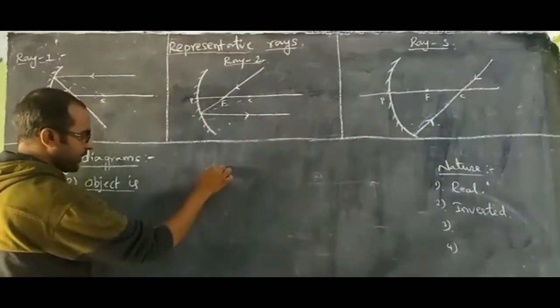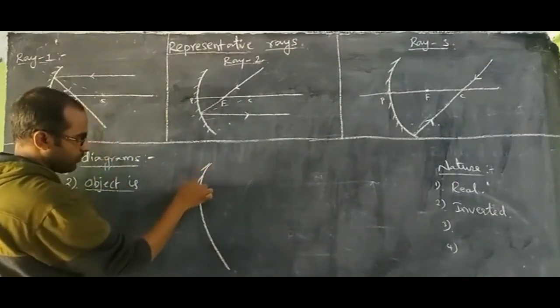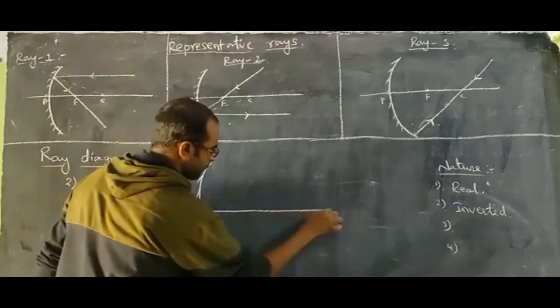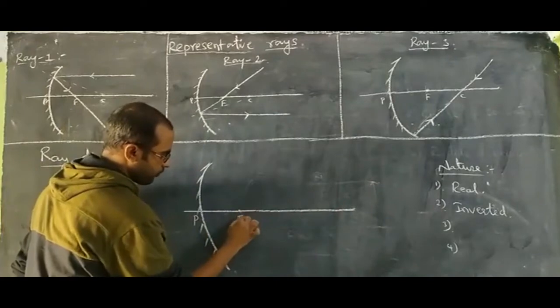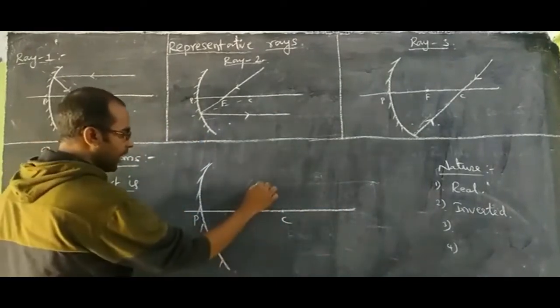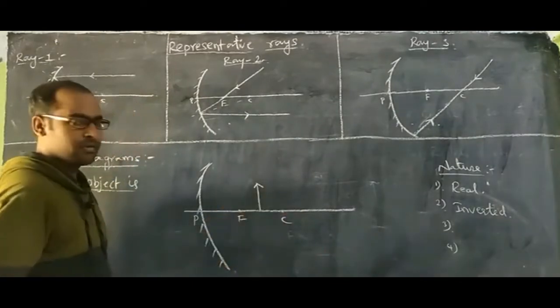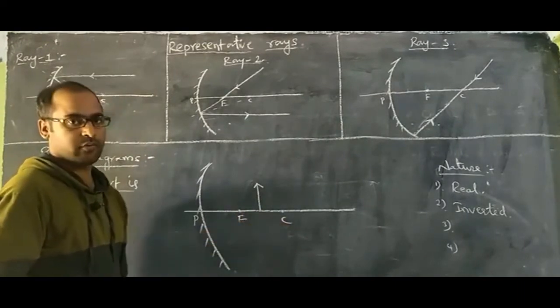Okay, let's take the same concave mirror, principal axis, pole, focus, center of curvature. And I place the object between focus and center of curvature.